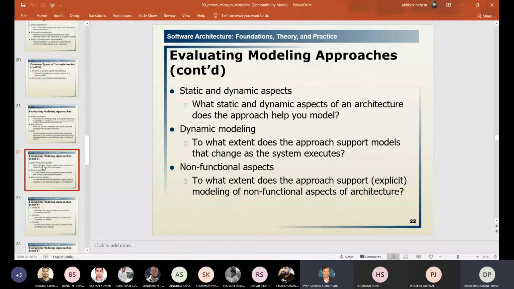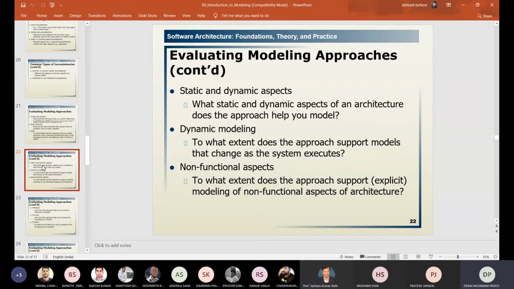Then, dynamic modeling: to what extent does the approach support models that change as the system executes? To what extent will it support execution of the system?